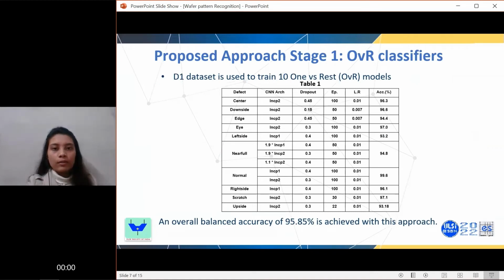In the first stage of our approach, the D1 dataset is used to train 10 1 versus rest models to identify single defects and combinations of defects. 10 datasets are created by dividing the entire dataset into 2 categories, with and without each defect. All the defect classes, their corresponding CNN architectures and hyperparameters are tabulated in table 1. With this approach, we were able to achieve an overall balanced accuracy of 95.85%.